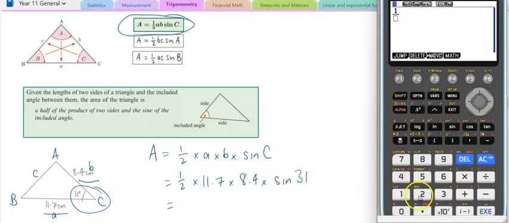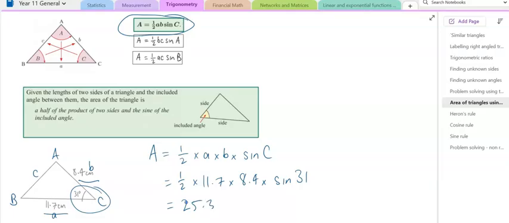So half times 11.7 times 8.4 times sine 31. And that will give us the area, which to one decimal point is 25.3 centimeters squared, okay?